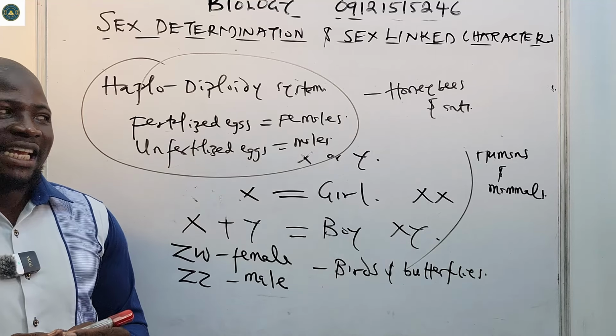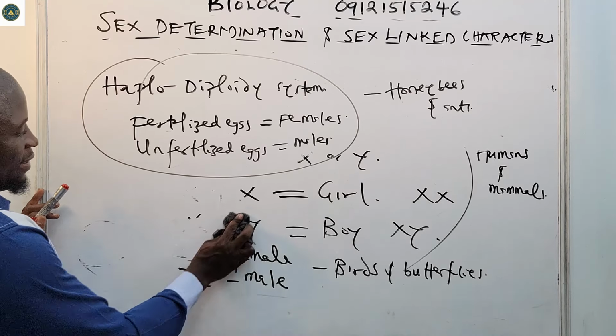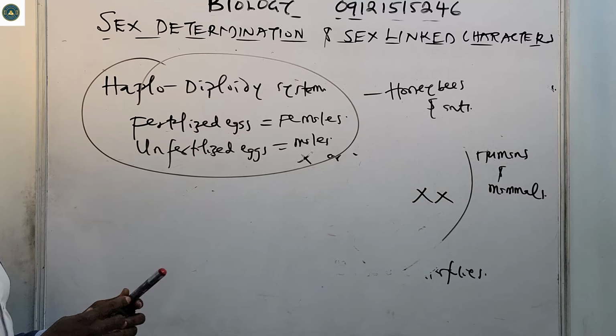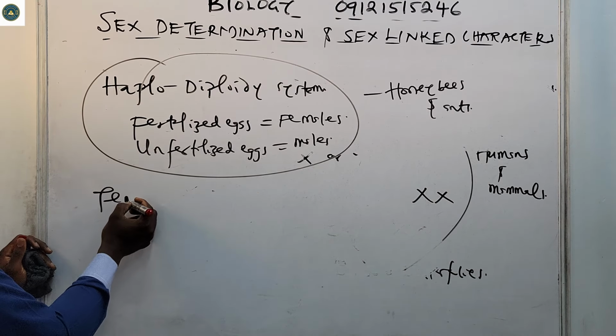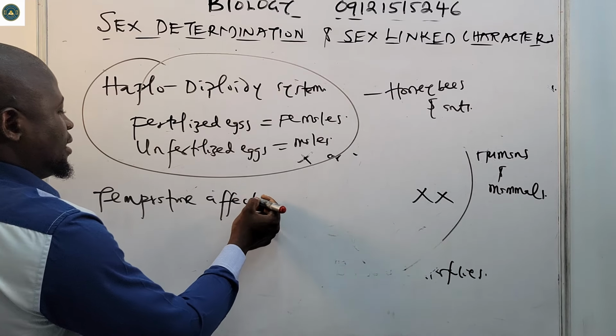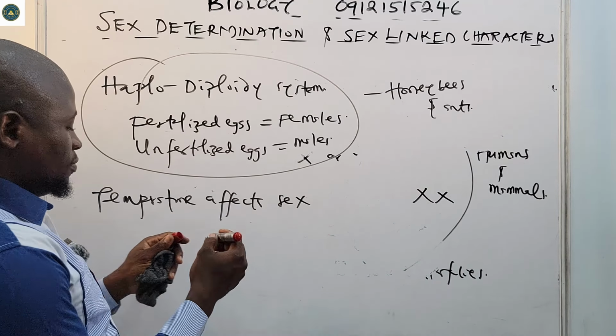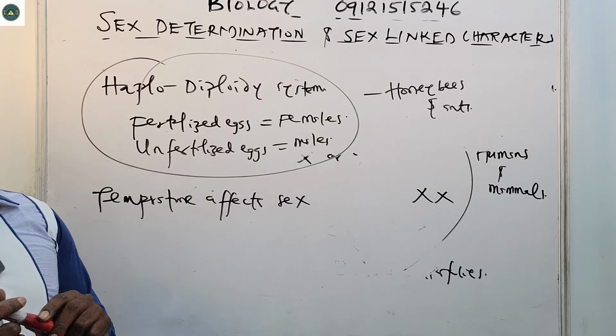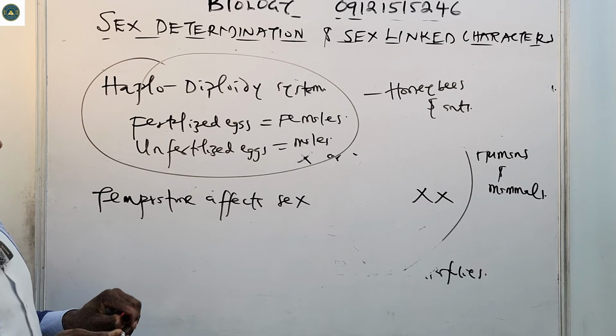Then we also have the environmental system. This one talks about the fact that temperature affects sex. So whether to be a male or a female, temperature usually affects this. This is called the environmental system.